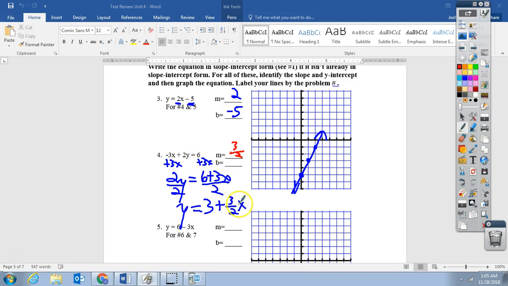Because it's mx plus b, 3. There's my b. So I begin at 3, and then I move up 3 over 2. You can also go backwards the slope. You can go down 3 and to the left 2. But it's still going to be positive 3 halves because it goes up 3 over 2 across the graph.